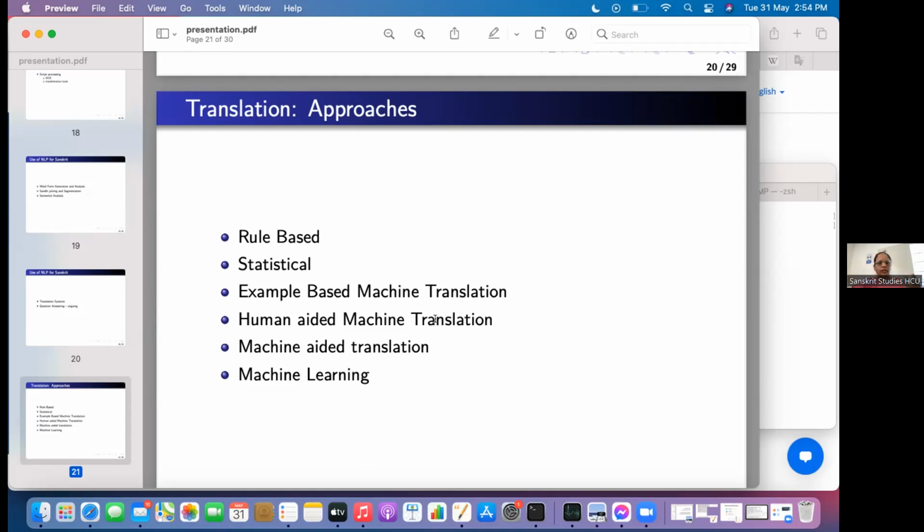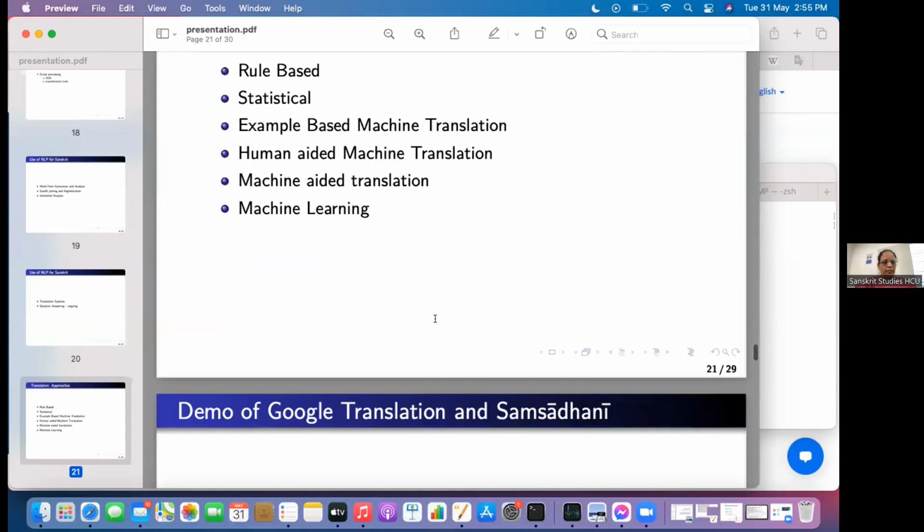So there was a kind of memory-based translations where the machine will remember that this person has translated this sentence into this, and then whenever such next sentence comes, then machine will use part of the sentence or phrases, etc., and provide a help so that a human being can translate it faster. And then we have this era of machine learning.